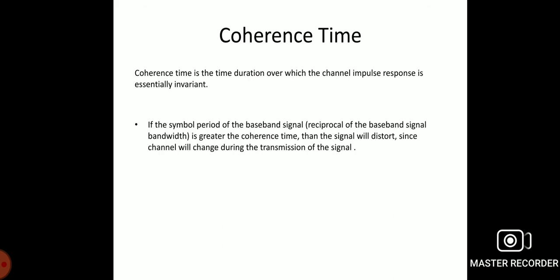So in this lecture, we have discussed the time dispersion parameters of mobile multipath channels, and also the coherence bandwidth, and also the Doppler spread and coherence time in the multipath channels.